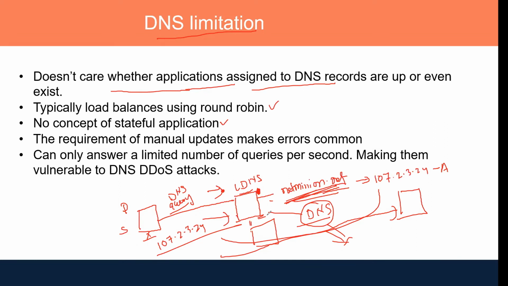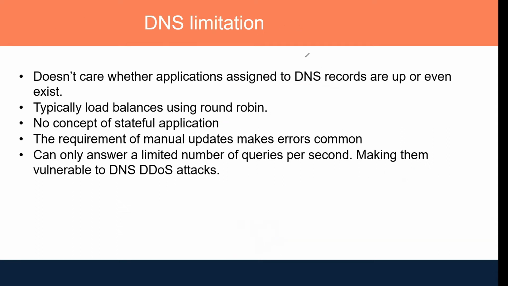So what happens in a DoS attack? Basically, the attacker would send a lot of fake queries. I'm talking about DoS or DDoS, where there is a group of attackers in DDoS cases. They are going after this DNS server.